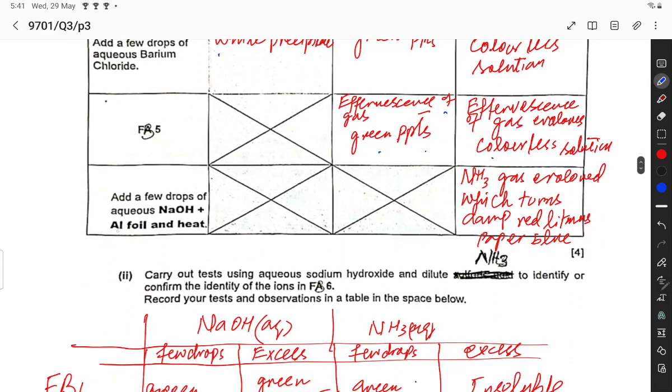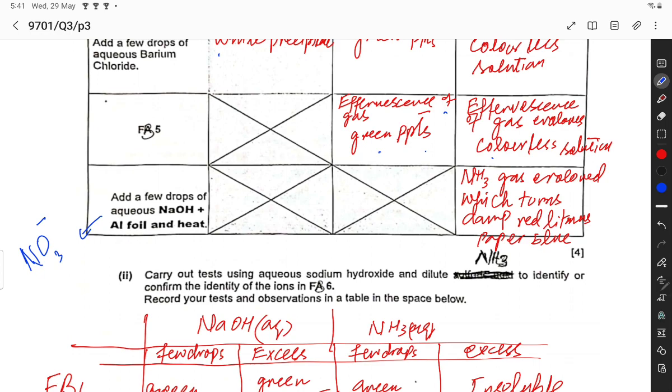Add a few drops of aqueous sodium hydroxide plus aluminum foil and heat. We know that this is the test for nitrate ions from the table given below. Ammonia gas evolved, which turns damp red litmus paper blue.